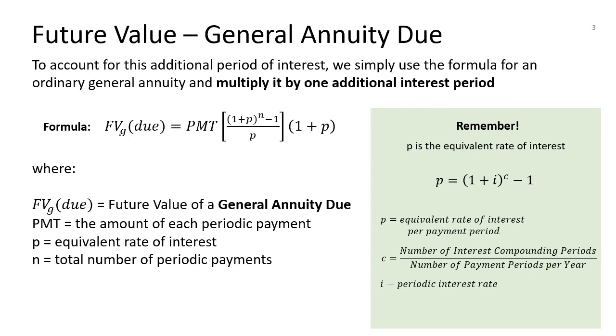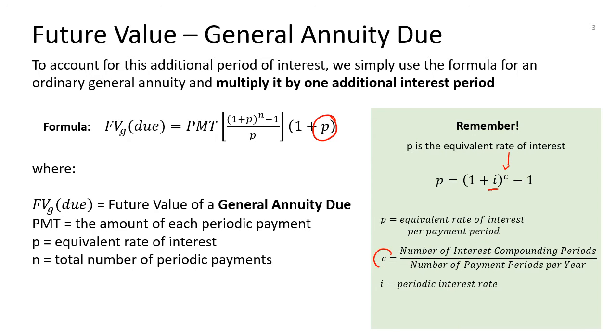So I'm going to start right away with a formula. Just like in our last lesson, there are minor differences to these formulas. For a general annuity due, remember, your interest rate is now this term p, and p was 1 plus your periodic interest rate to the exponent c minus 1.